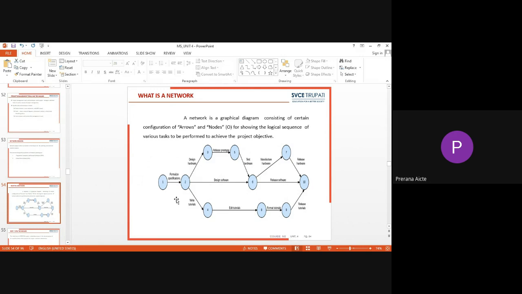This complete network diagram starts with a unique node called the starting event, the complete project should also end with a unique node called the ending node, and for each activity there should be a starting node and ending node.